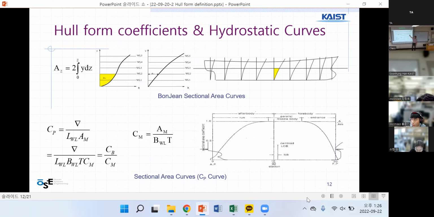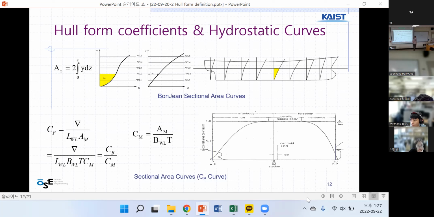Once again, the sectional area at this point is drawn as a coordinate here, the vertical sectional area. And then the integration gives the volume of the ship. This area should be the volume of the ship.